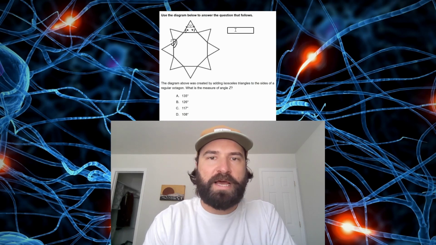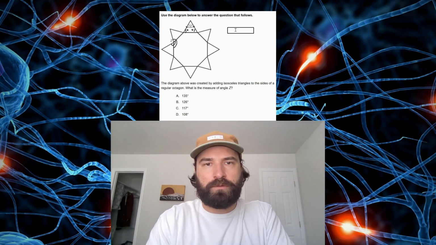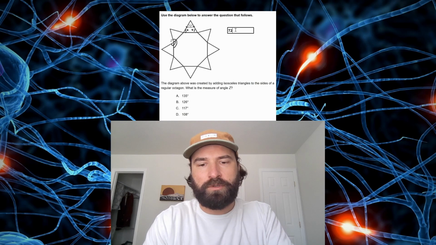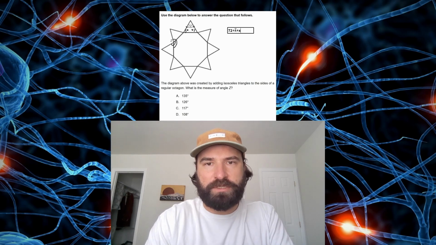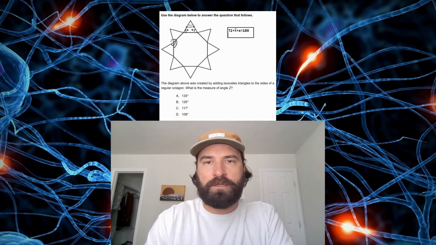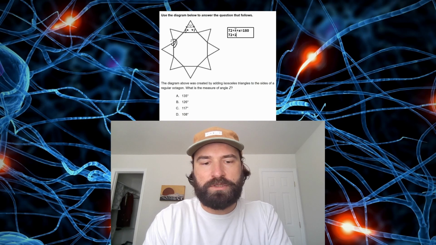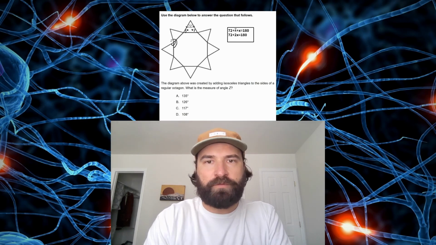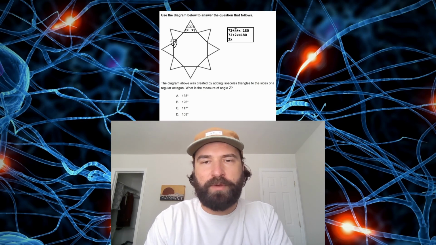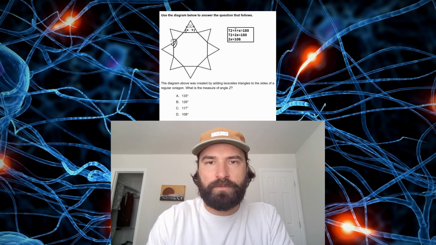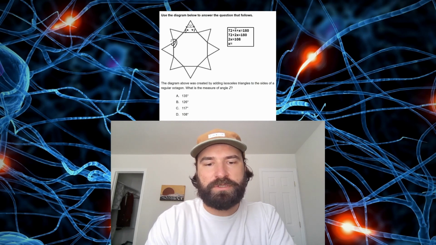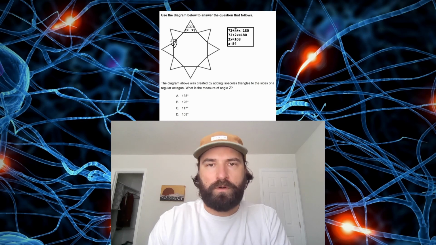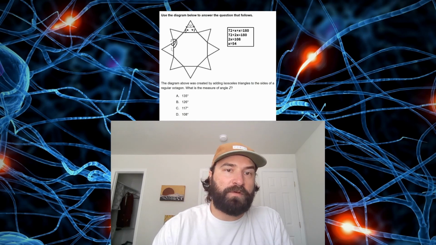We know that 72 plus x plus another x has to equal 180. So 72 plus 2x equals 180. After I subtract the 72 over, we get 2x equals 108. So that x angle is going to equal 108 divided by 2, which is 54. So both of these angles are 54.